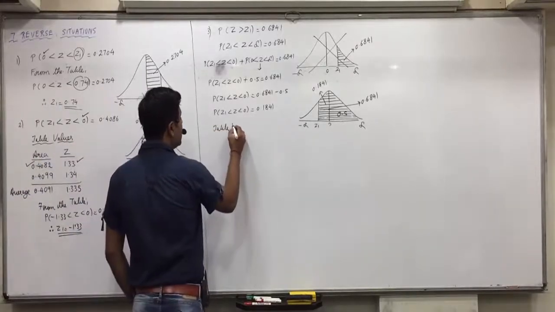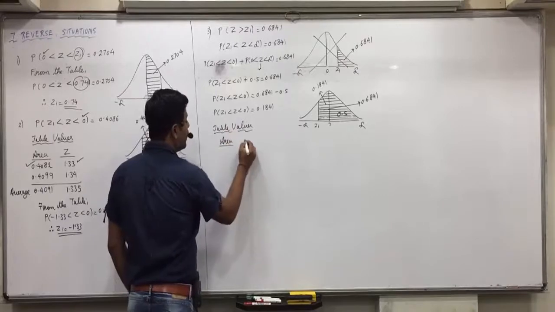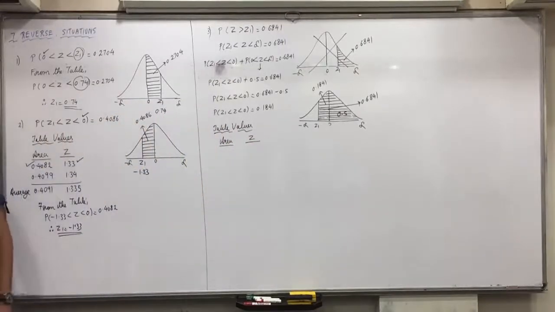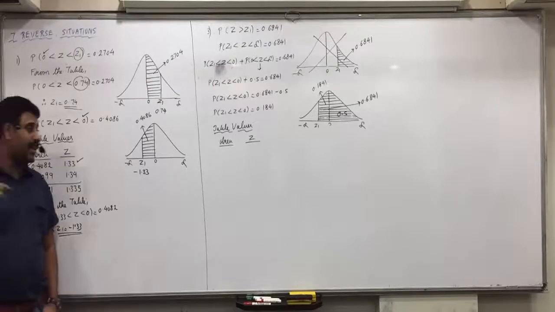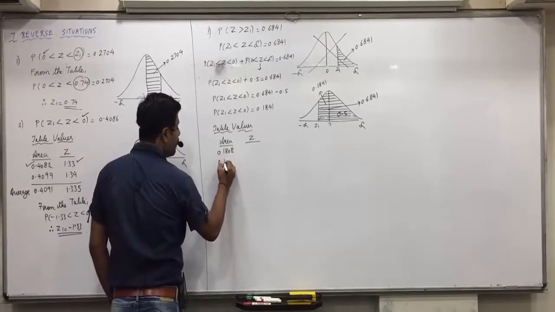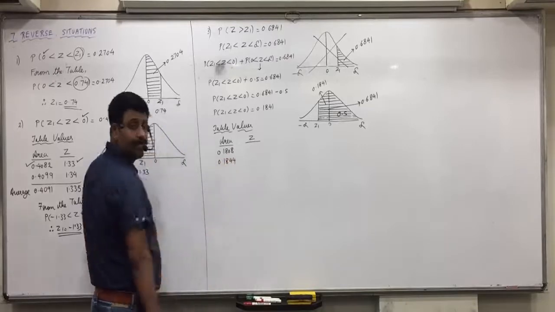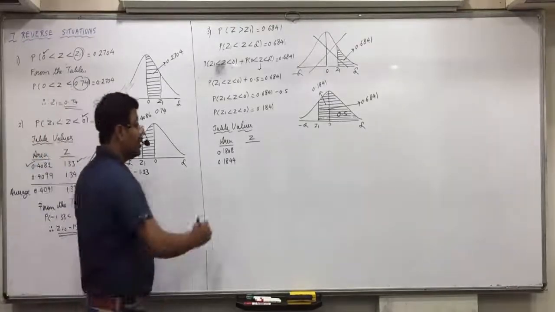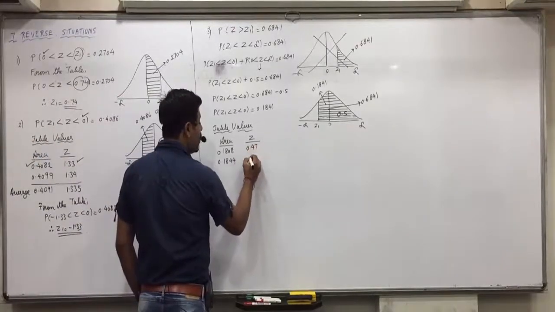So table values, area and Z. Yes, 0.1841 comes between 0.1808 and 0.1844. Now 0.1808 corresponds to 0.47 and the other one corresponds to 0.48.